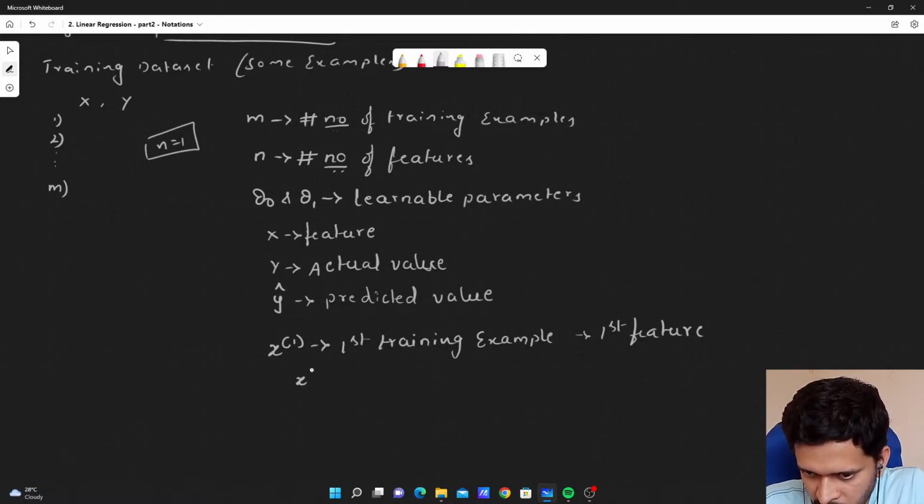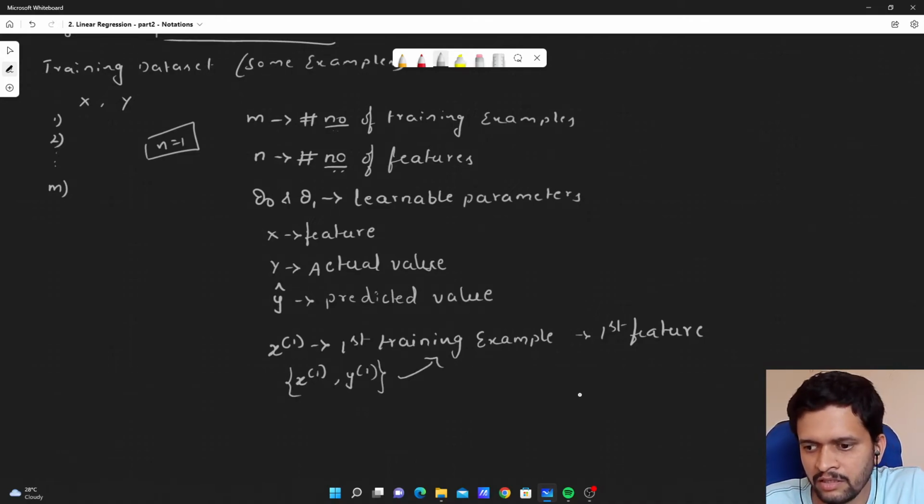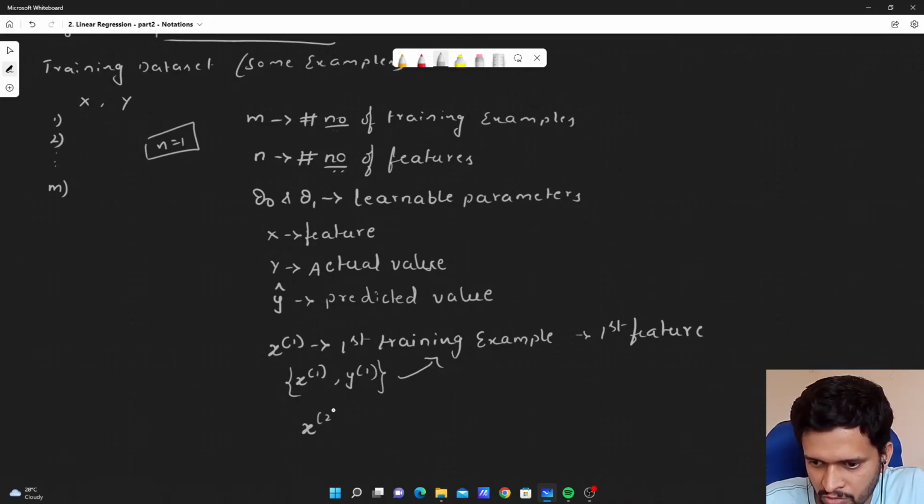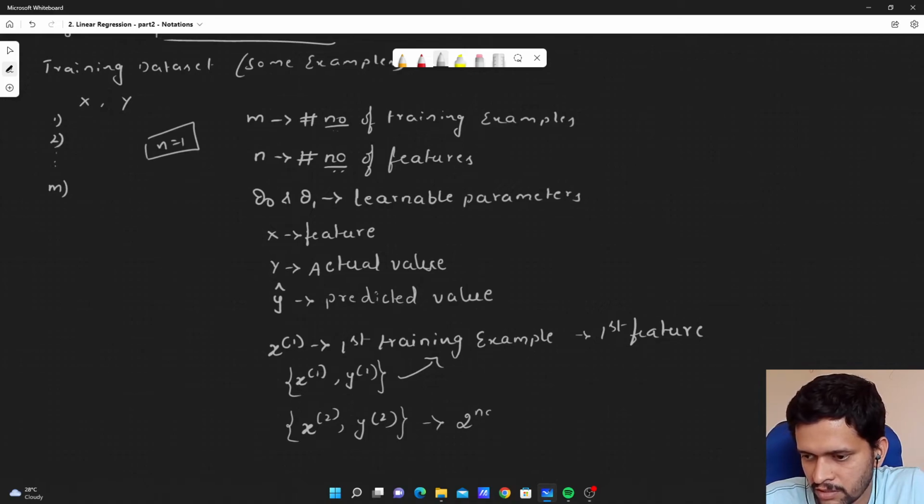So x1 comma y1 together we can treat it as a first training example. Likewise, x2 comma y2 can be treated as second training example.